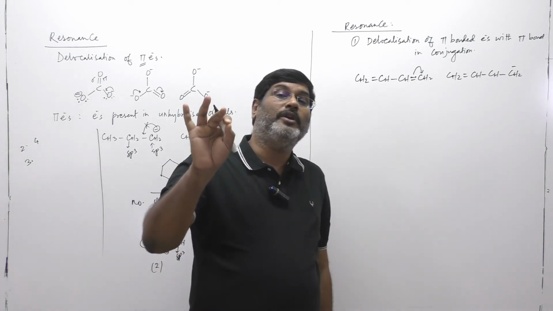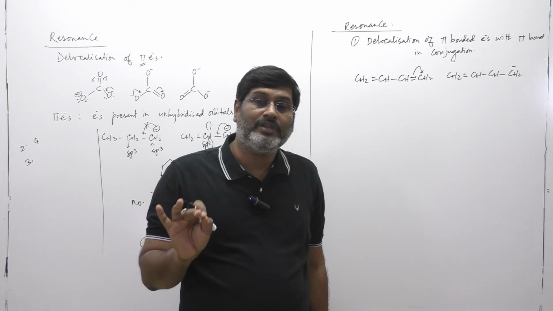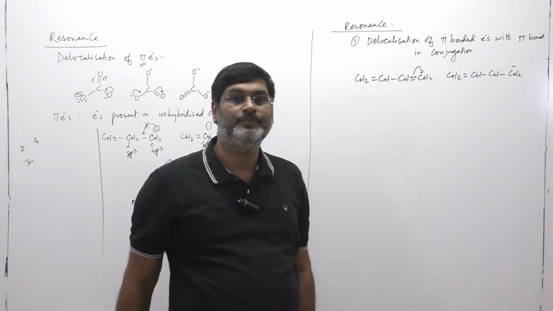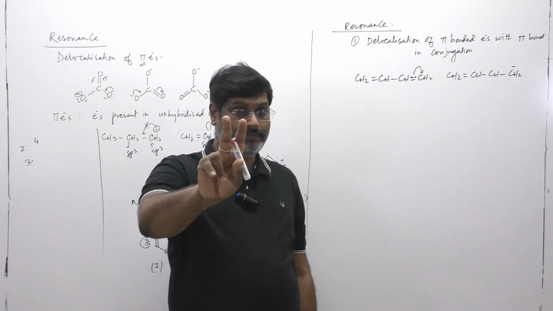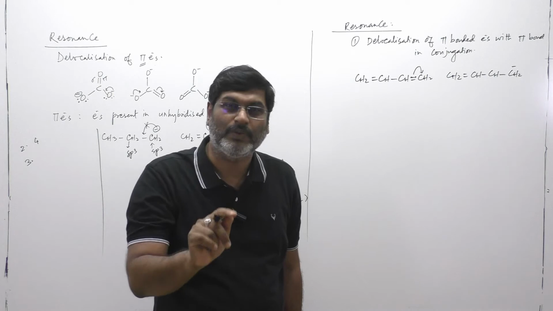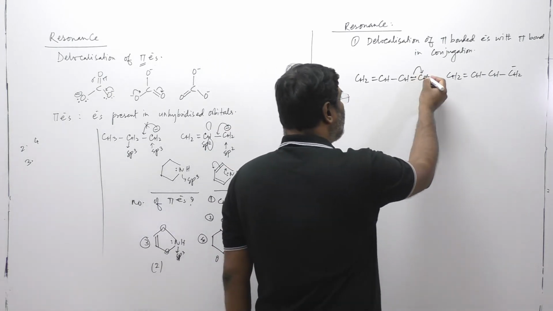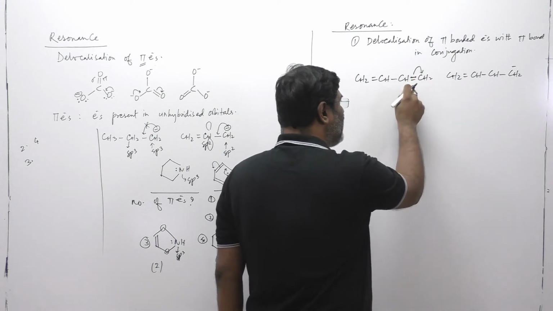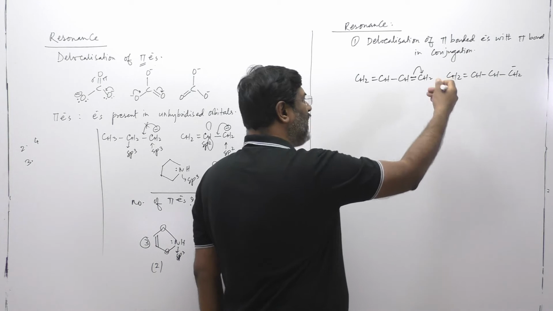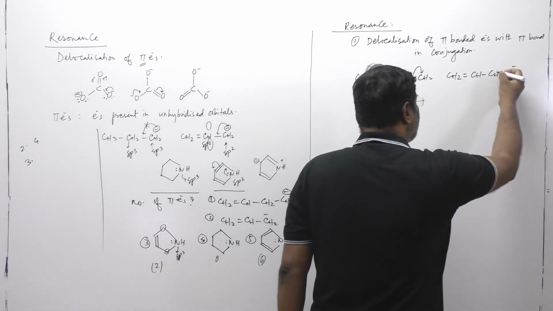Negative charge, unit negative charge, means how many electrons? Two electrons, but only one extra electron. Both are accumulating here, but only one extra electron of this carbon atom has been taken by this carbon atom. That's why we say unit negative charge.